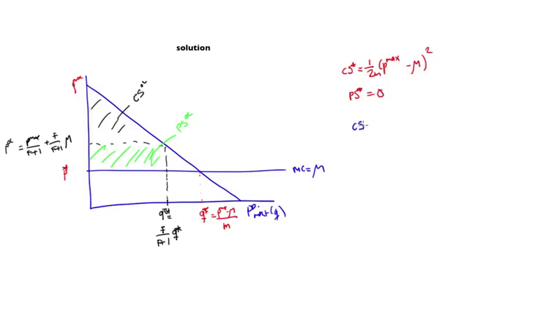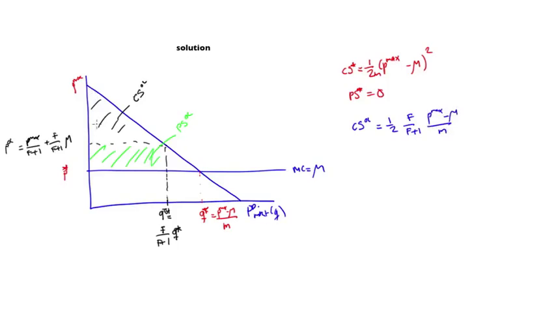Consumer surplus as a function of F in the case of the oligopoly is going to be the triangle, so 1/2 times that distance, F over F plus 1 times P max minus mu divided by M, times that height.